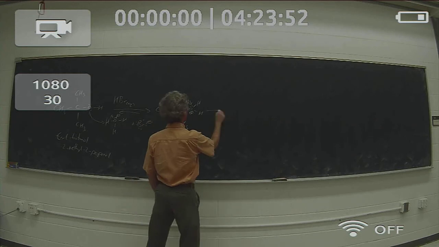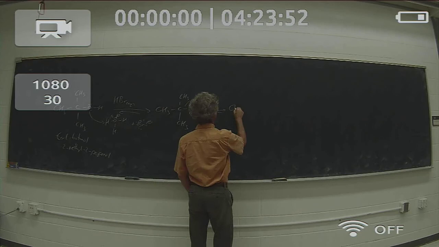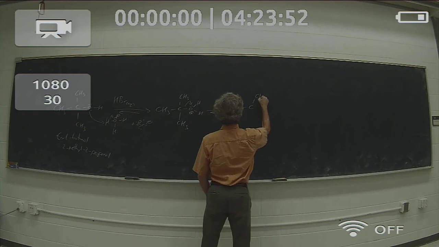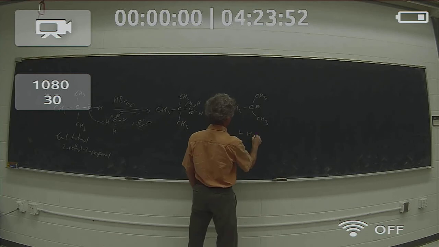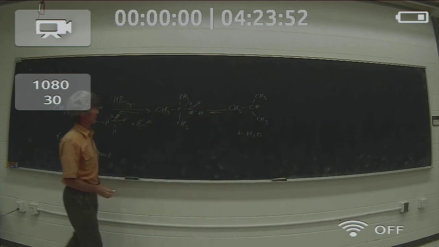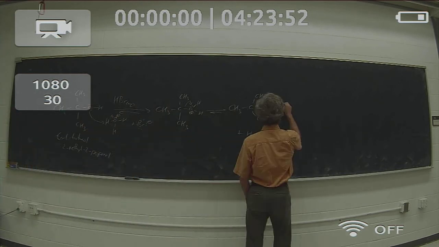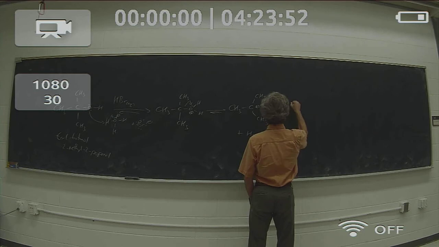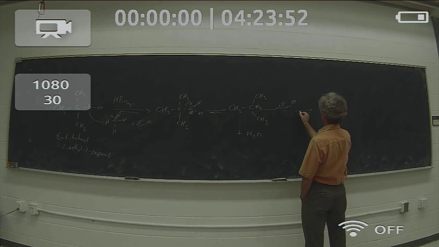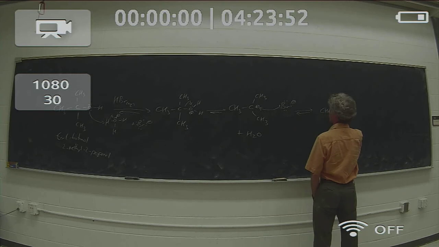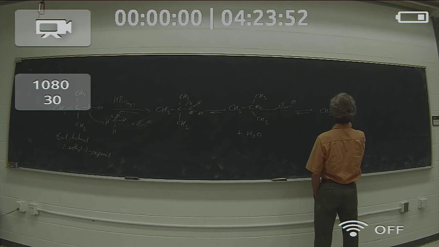But now, since it's a tertiary center, it can leave spontaneously to form the tertiary butyl carbocation and water, and the tertiary butyl carbocation is now attacked by bromide ion to form tertiary butyl bromide.